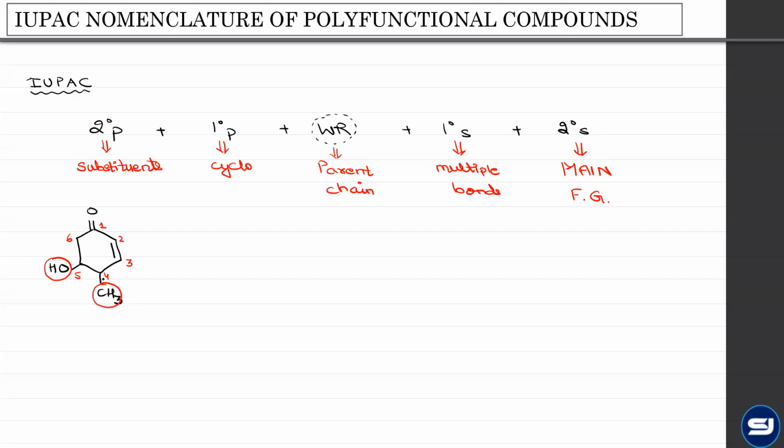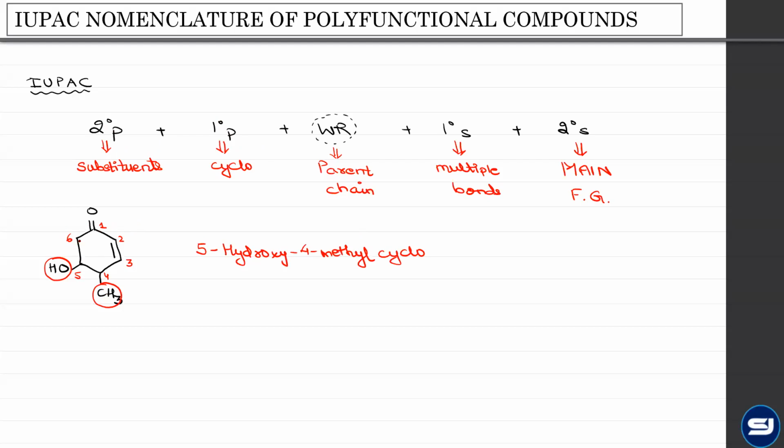Now look at the format which I have given. The substituents hydroxy and methyl will be written in alphabetical order. So the prefix becomes 5-hydroxy and 4-methyl. Then the presence of a cyclic ring gives you the primary prefix cyclo.